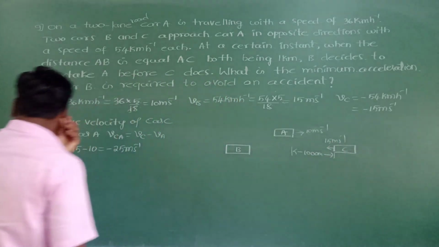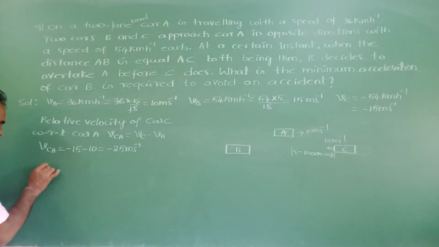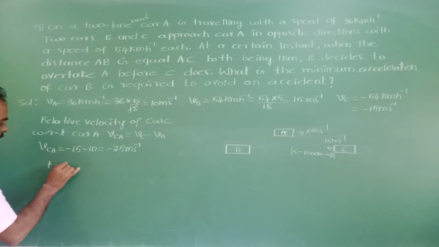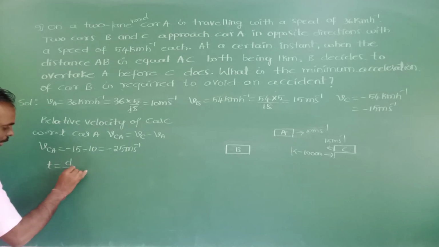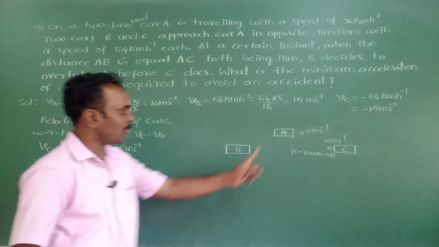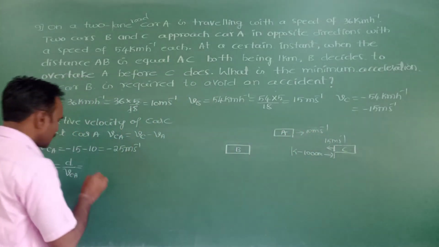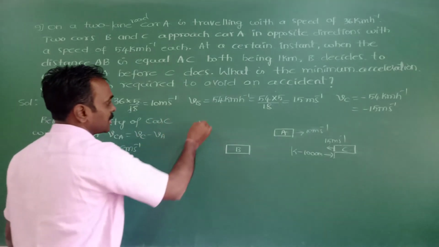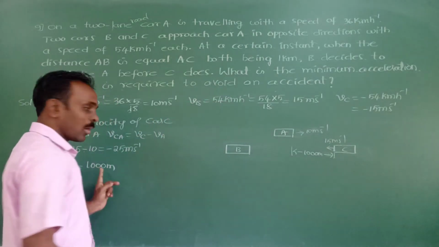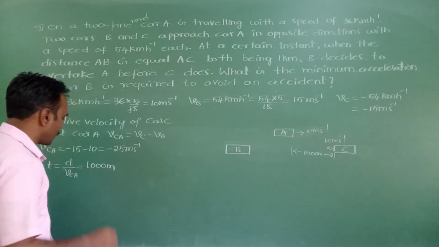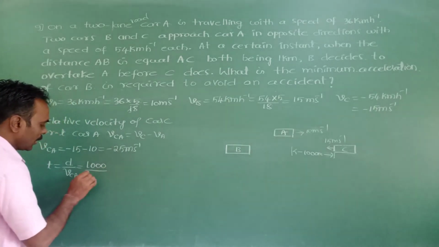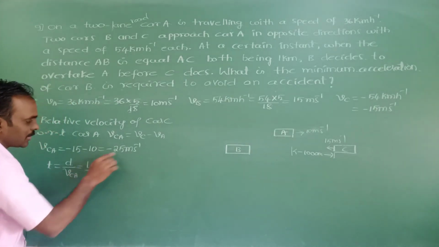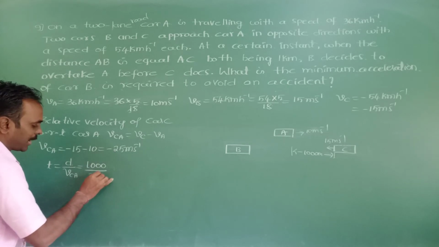So the time can be calculated by the formula: time t is equal to the distance divided by relative velocity VCA. So what is the distance between A and C? The distance between A and C is 1000 meter, because the given distance is 1 kilometer. 1000 meter divided by the relative velocity of C with respect to A, which is 25 meter per second.